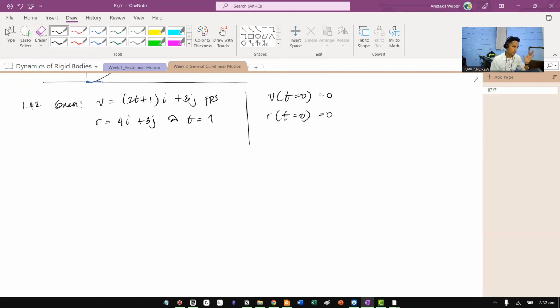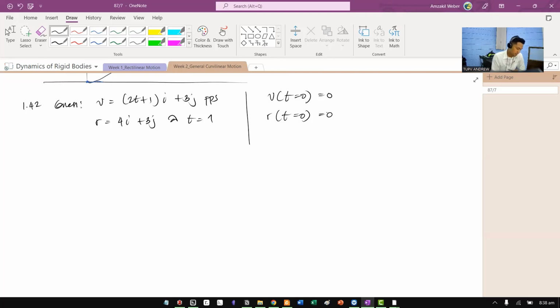But if there is a given you can utilize, let's say r equals 4i plus 3j at time equals 1 second, then there is velocity, of course, with direction. If we move backward in time to time equals 0, we cannot say that the position starts at the origin, since there is a given position and we can work backward from it. Only when there is no given do we assume that at time equals 0 the position is the origin. If you have nothing to utilize, you have no choice but to go back to that assumption.